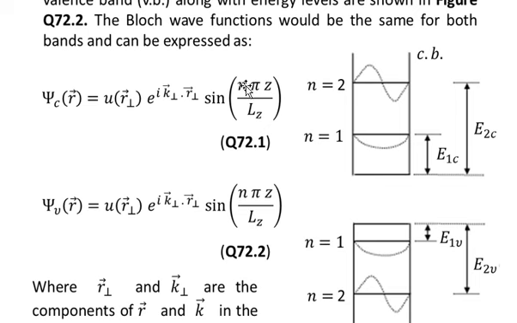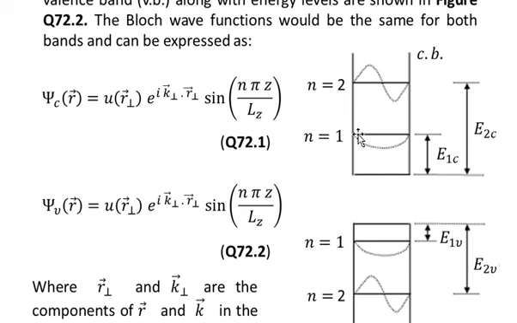The numerator becomes 2 pi into z and the denominator becomes 2 Lz. So if you have 2 pi in the numerator and 2 Lz in the denominator, it means that the wavelength lambda is equal to 2 times Lz. And then Lz is equal to lambda by 2, because this is the width Lz of each well.